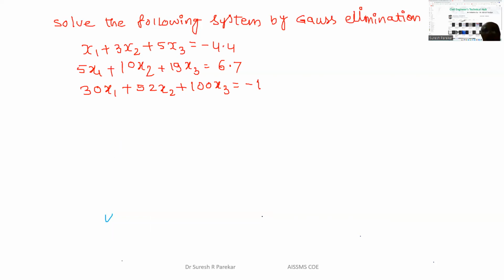Now in this problem, we have to eliminate one by one. We have to first eliminate x1, then we have to eliminate x2, and by eliminating x1 and x2, we will get the value of x3.